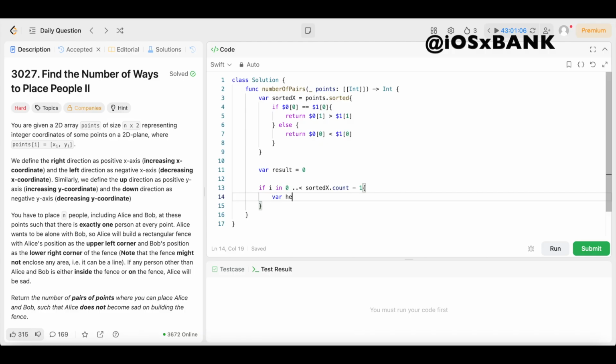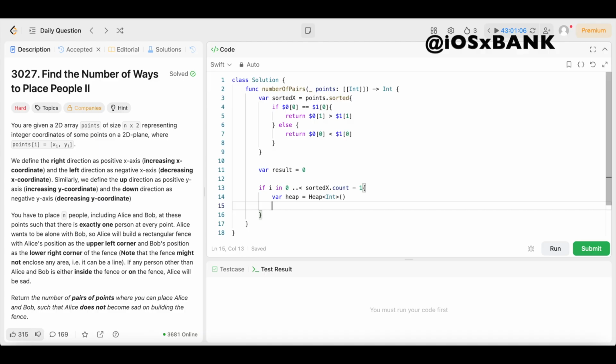We declare a variable called heap and set it equal to a Heap of Int, with the parentheses outside. Then we iterate over all possible right points where index j is greater than i.